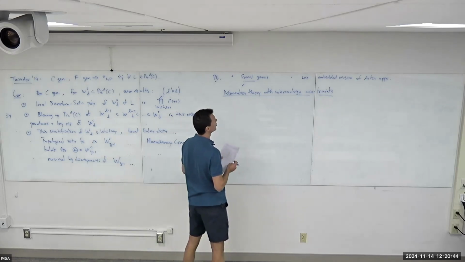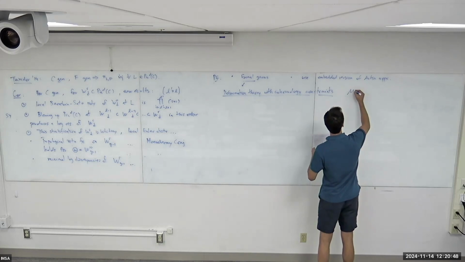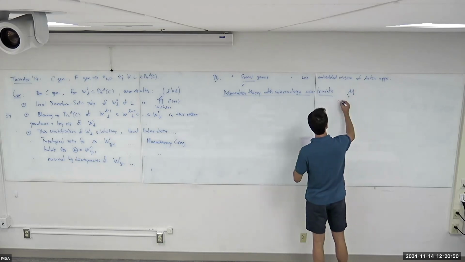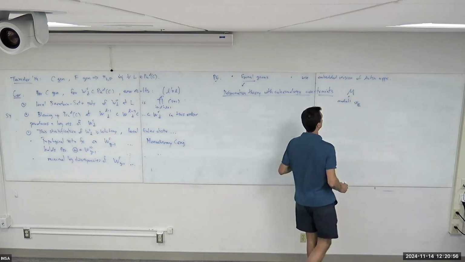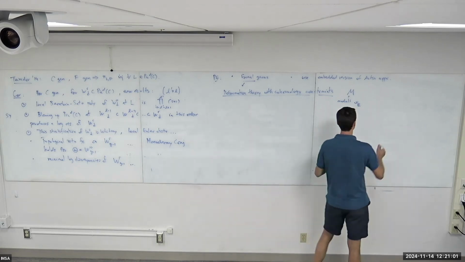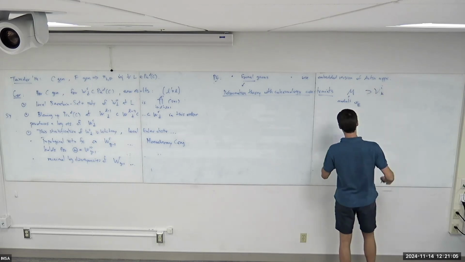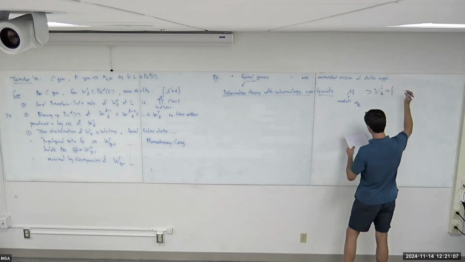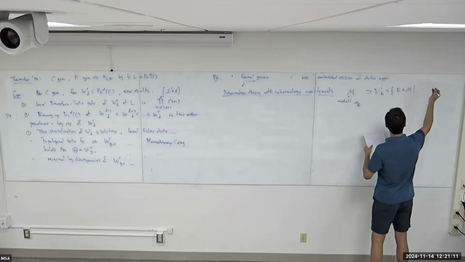So what do you want to do with deformation theory with cohomology constraints? You have a moduli space, let's say M, and you have an object there, E, and if you want to understand the local structure of M at E, that's deformation theory. Now suppose that you actually have a cohomology theory, so then you can define strata here given by cohomology dimensions.